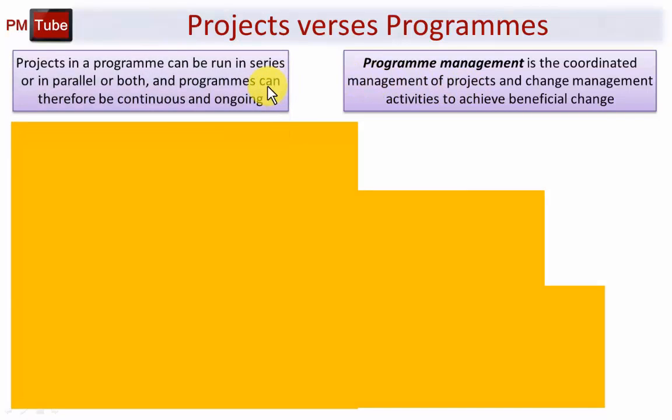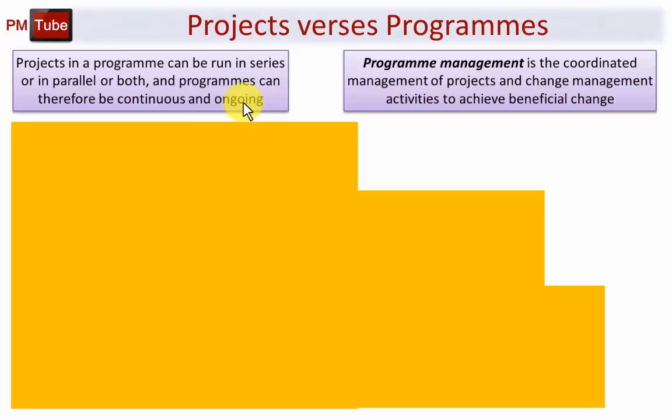Projects within a program can be run in series or in parallel or both, and programs can therefore be continuous and ongoing. Now there's an important difference, if you will, in that you can have projects starting and finishing one after the other, or in parallel in some way, either directly in parallel, but more often than not, when a particular project is partway finished, then it might be right to start a new project.